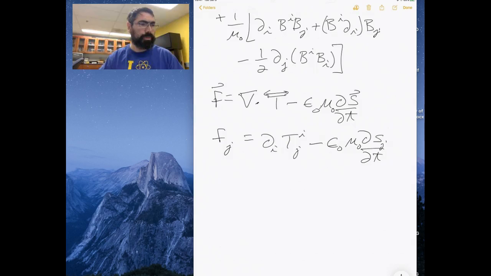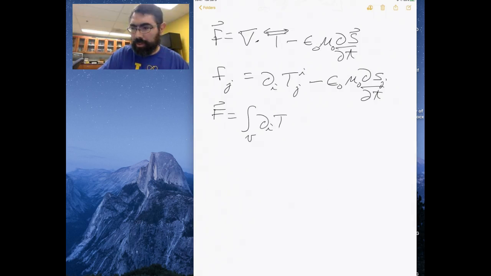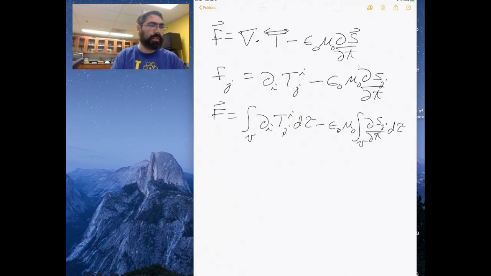So now if I was to take the full force, I integrate over the volume, like so.